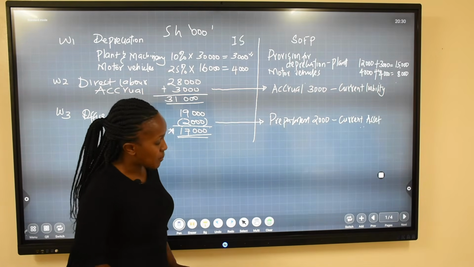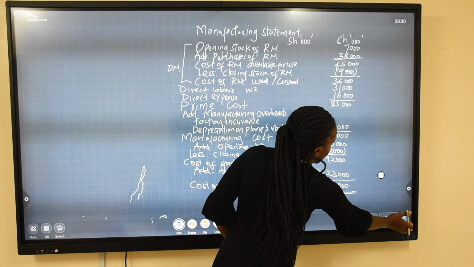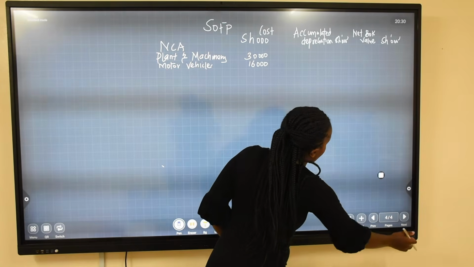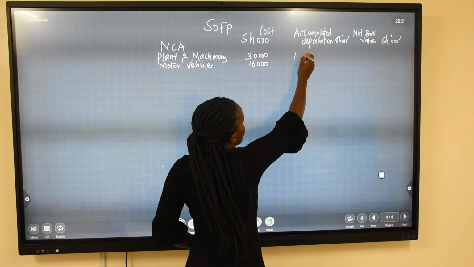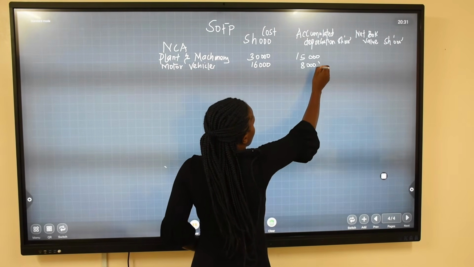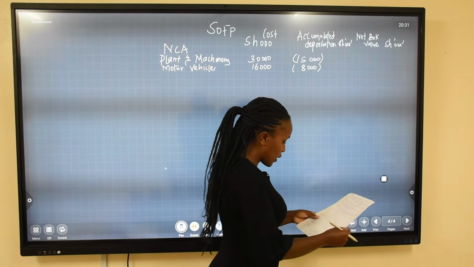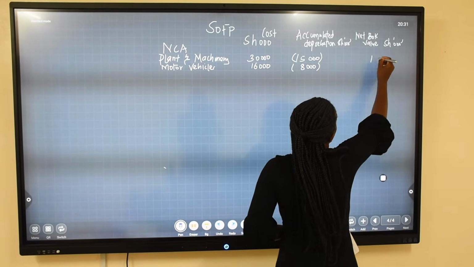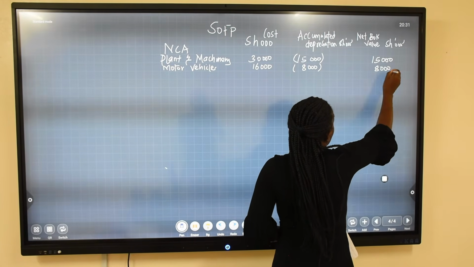So when we come to our balance sheet, the accumulated depreciation is what you are getting from tab 1 here. It is going to be 15,000 and 8,000 respectively. So once we subtract, we are going to get 15,000 and 8,000.